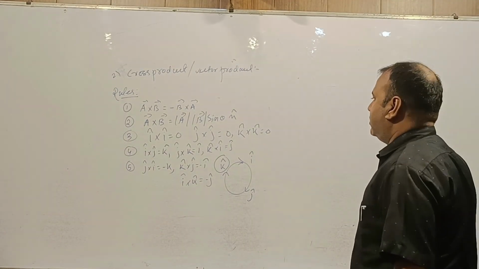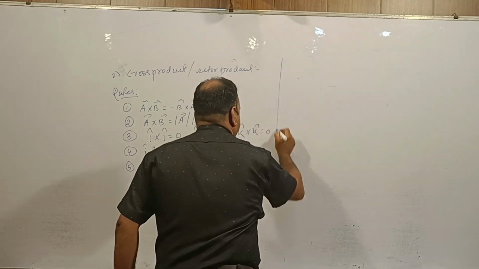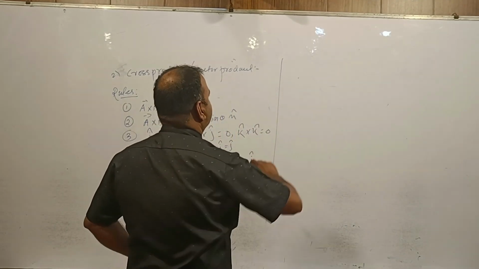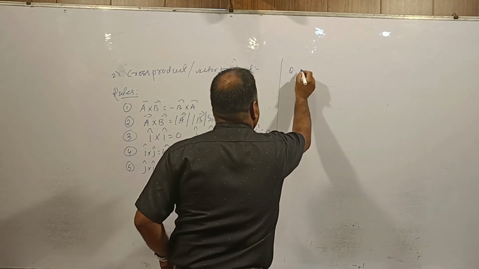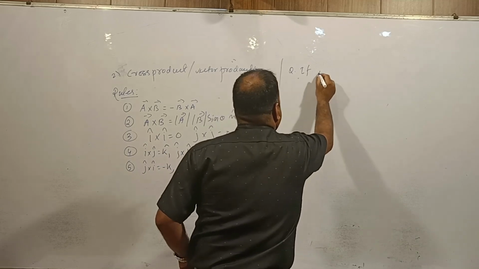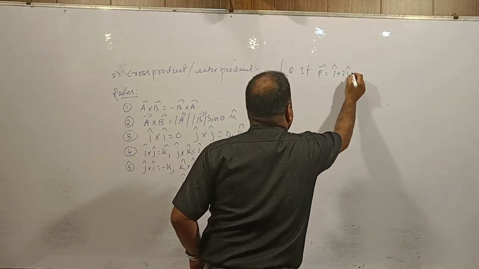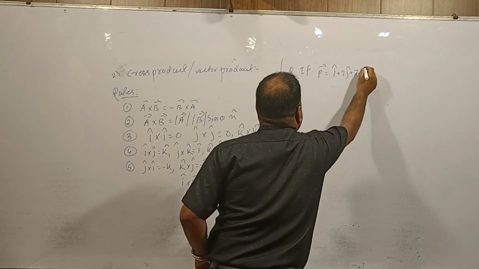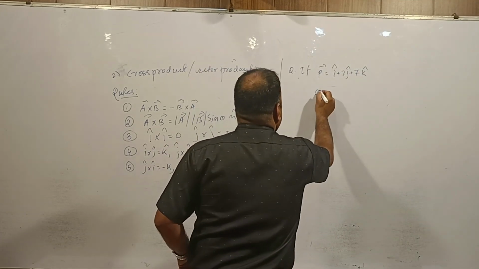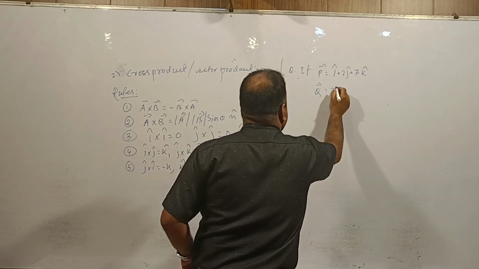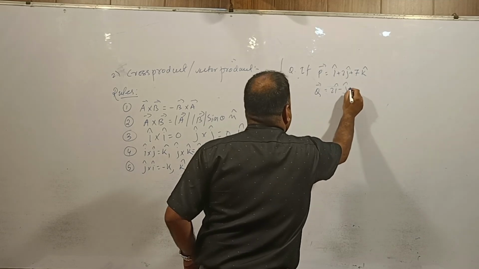So first you see, suppose a question is given here. If P is a vector given as I cap plus 2j cap plus 7k cap, and Q is a vector given as 2I cap minus j cap plus 3k cap.